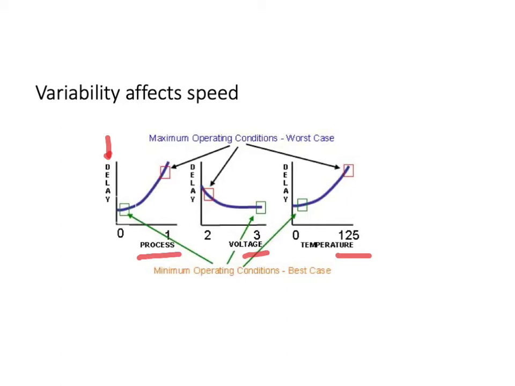Given a fixed design, fabricated on multiple dies, this variability in delay due to process, voltage, and temperature would cause a spread, a variation in delay from die to die or within the same die, between transistors within the same die.